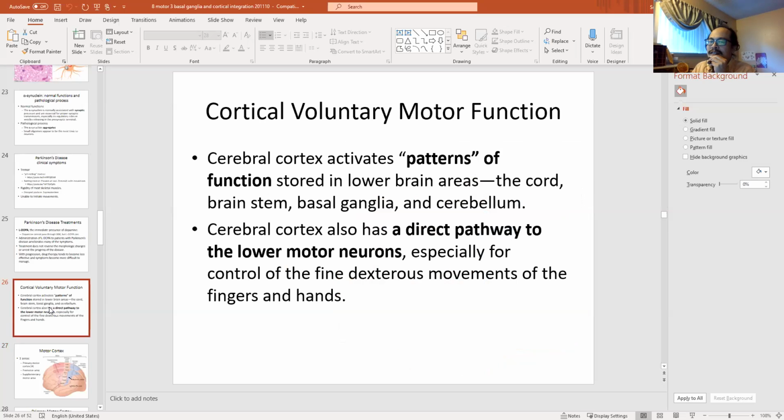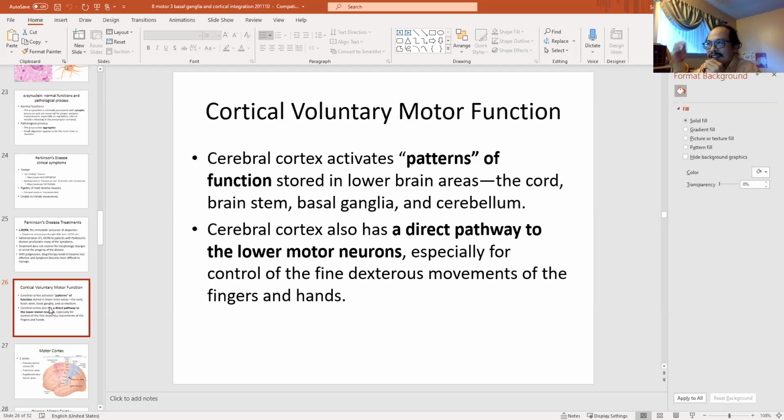The way we know how the motor cortex works is mostly by providing electrical stimulation and seeing how the patient moves.